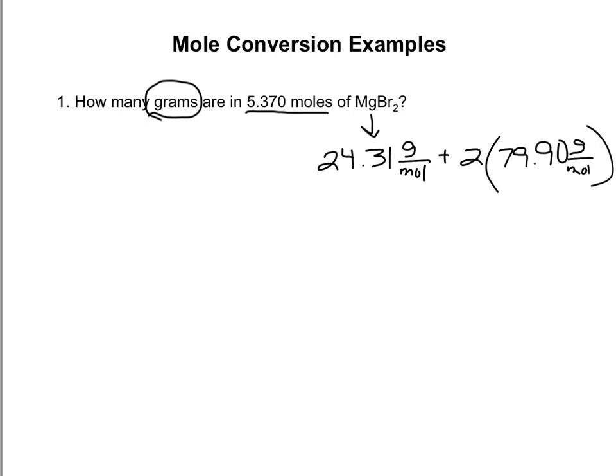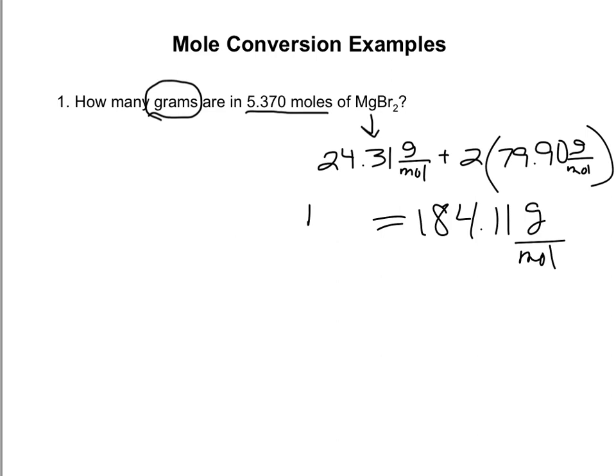So I'm going to take 2 times that, and when I multiply and add those all up, I'll get my molar mass of magnesium bromide, which equals 184.11 grams for every 1 mole.